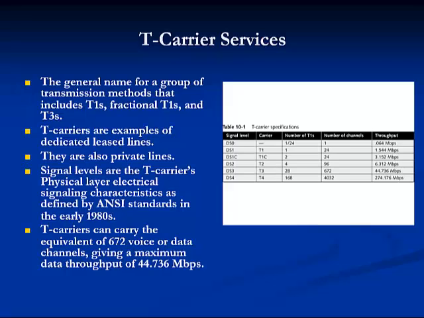T-carriers are dedicated leased lines that may run over twisted pair or fiber optic cable or wireless links. They are classified according to their digital signal, or DS signal, where DS0 equals a 64 kilobits per second channel. A T1 contains 24 of these channels.